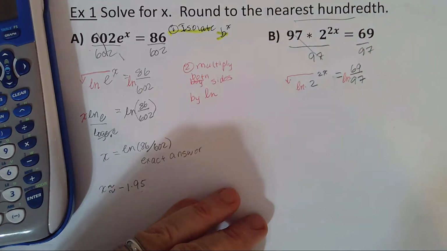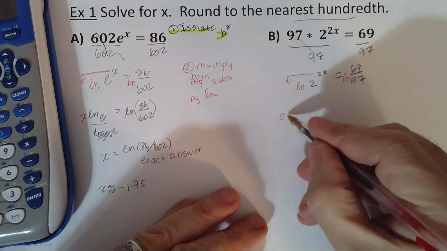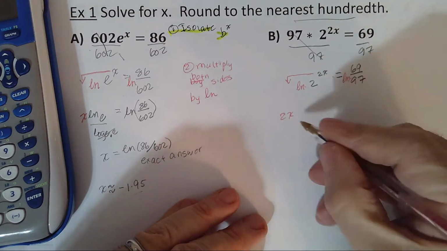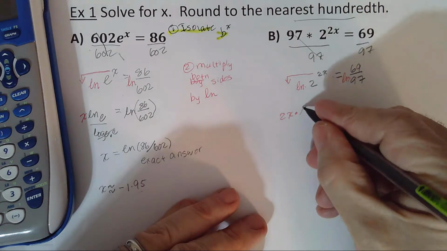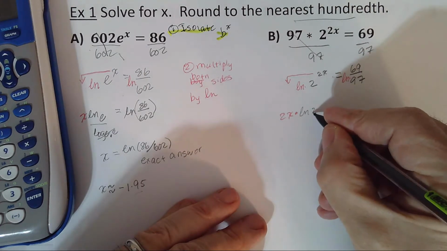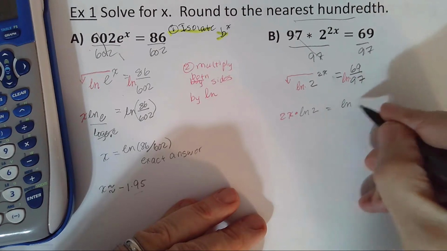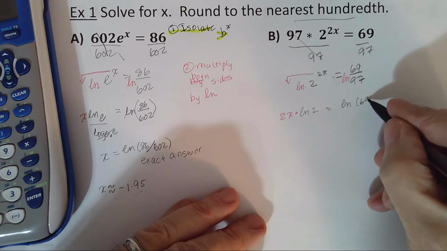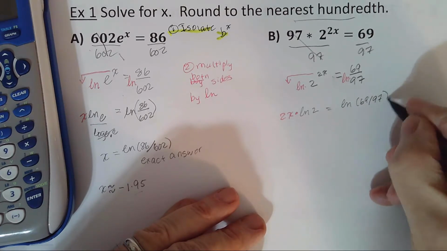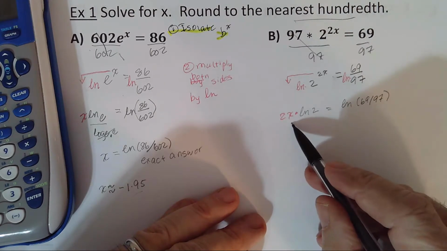So we're going to end up with 2x, that's the exponent that's dropped, times the natural log of 2, and that equals the natural log of 69 over 97.